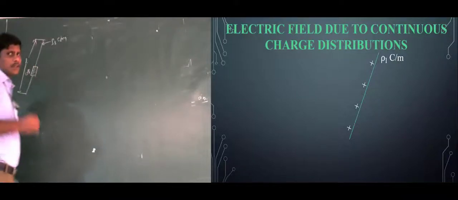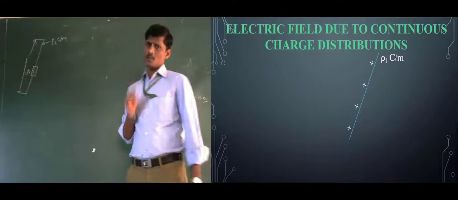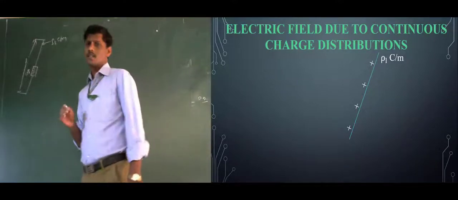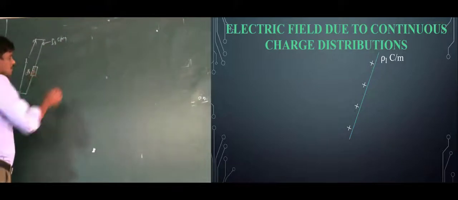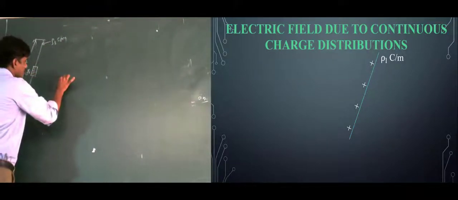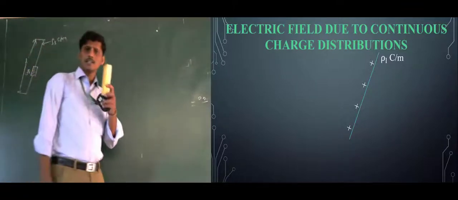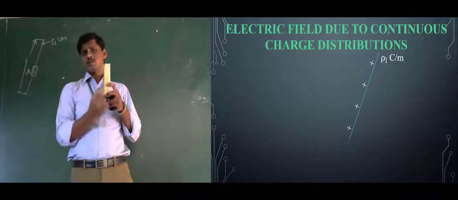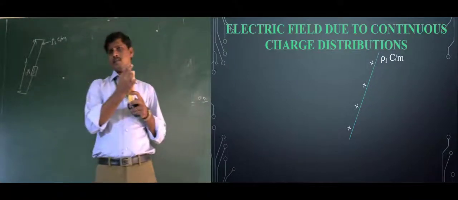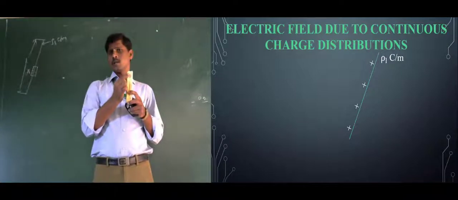Now here calculate the electric field intensity due to continuous charge distribution. Consider the point P. The point P is perpendicular to the line charge. This wire or line charge is distributed, and it is a positive charge. The wire density is rho suffix L coulombs per meter.